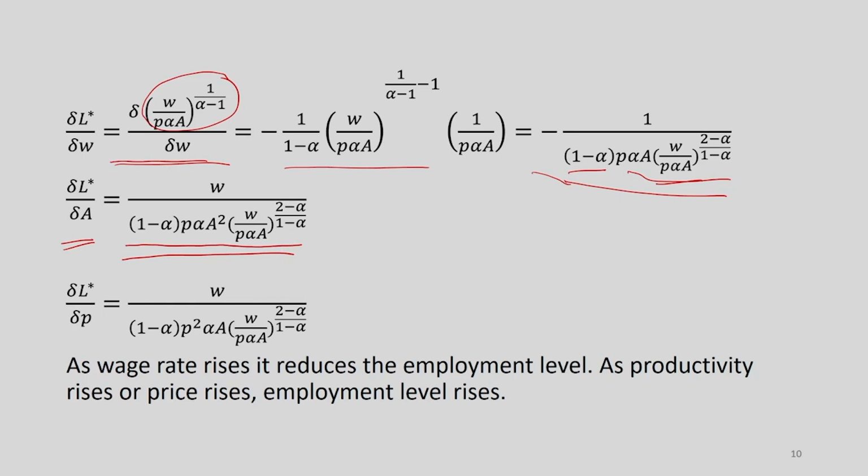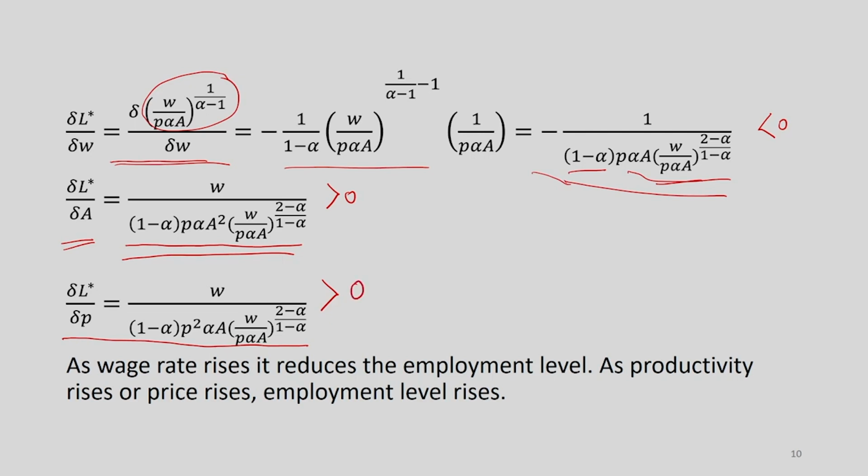So, del L star del A is positive. Similarly, del L star del P is found out to be W divided by 1 minus alpha, P square, alpha A, W divided by P alpha A to the power (2 minus alpha) divided by (1 minus alpha), and this is also positive. So, this is negative, this is positive, this is positive.